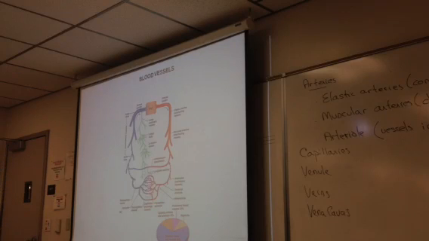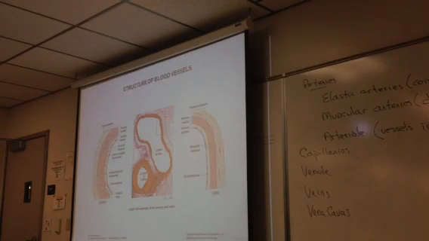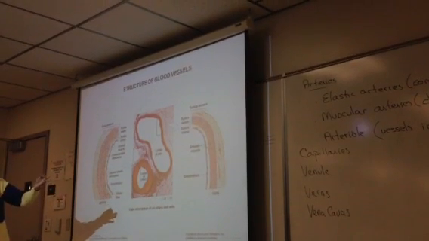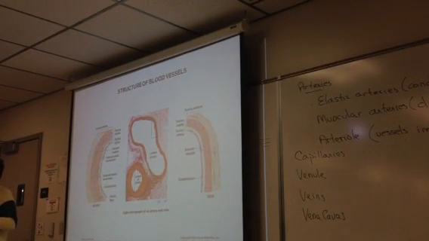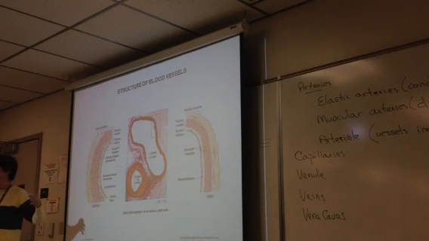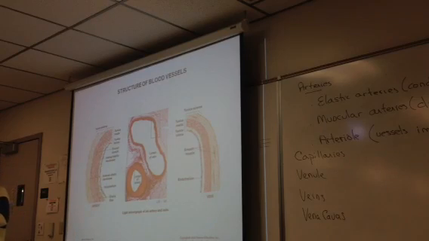Now let's look at the characteristic wall components of our blood vessels. Until we get to capillaries, on both sides, arteries or veins have the same 3 types of layers. Remember we had 3 layers of the heart wall? We have 3 layers of a blood vessel wall.